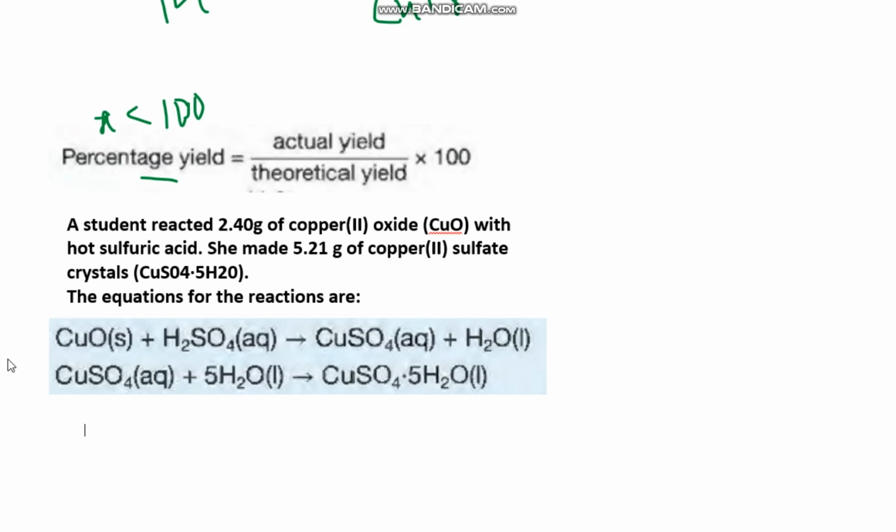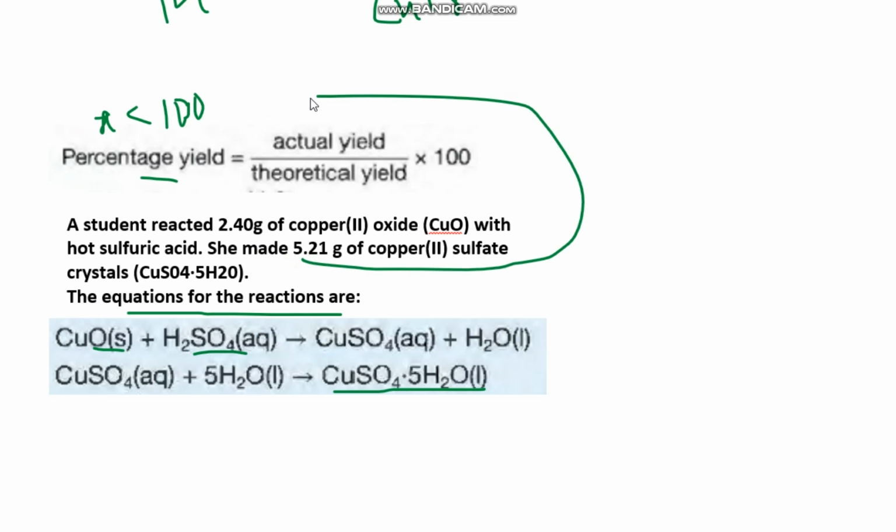First of all, a student reacted 2.4 grams of copper oxide with hot sulfuric acid, you can see it here, and then she made 5.21 grams of copper sulfate crystals. This is the actual yield, and we have to find the theoretical yield by using these equations.